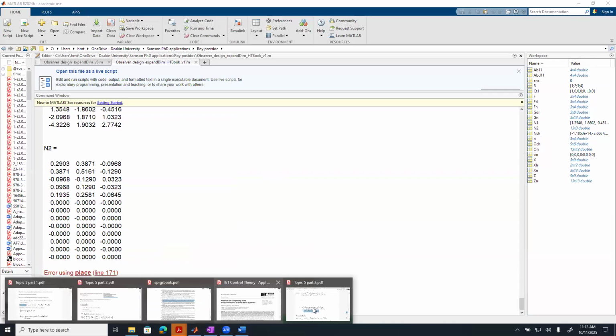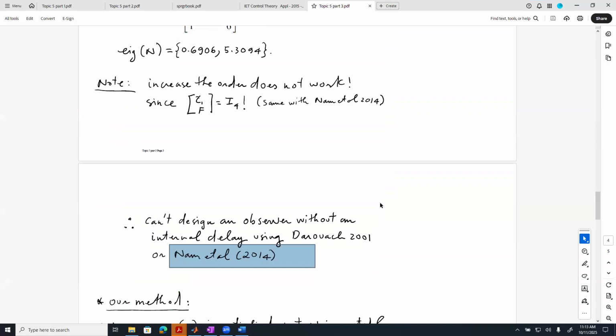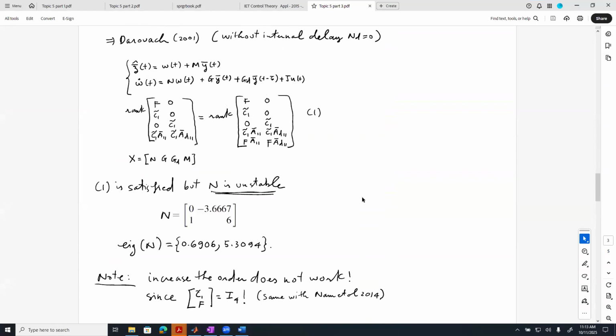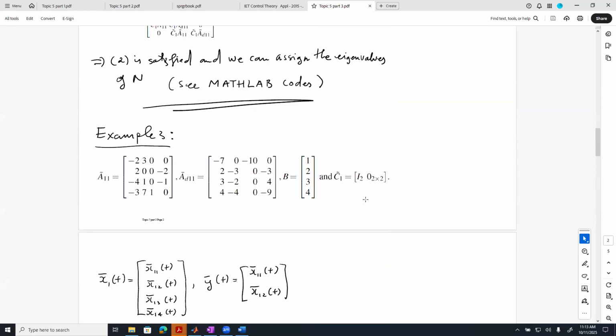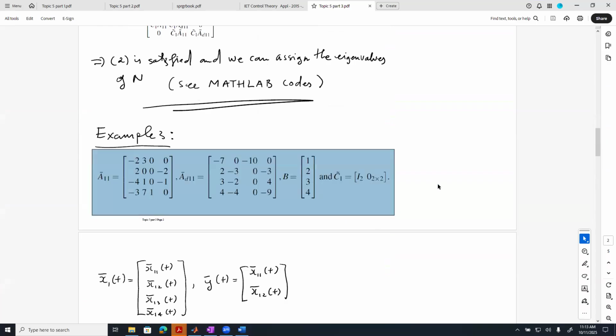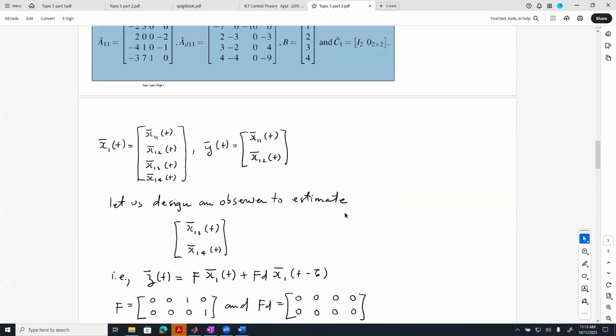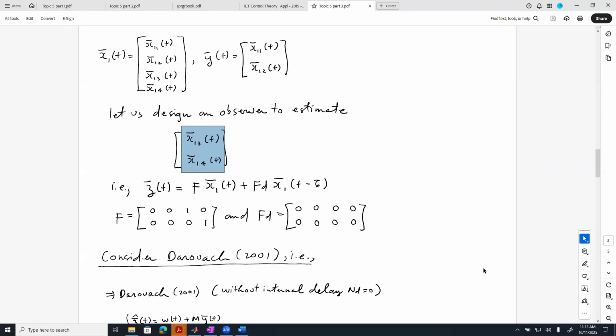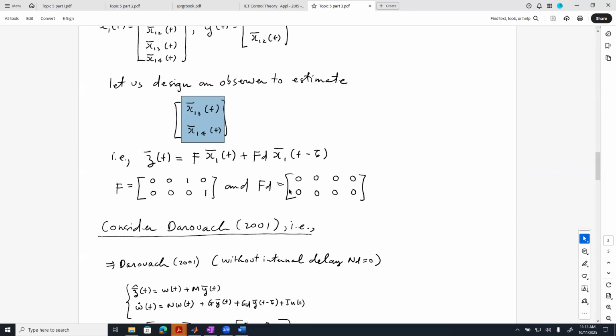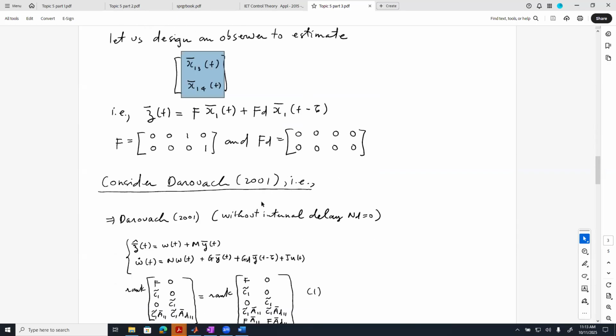Okay, so we can then say very safely, very confidently that as far as this numerical example is concerned, if we want to estimate the two unmeasurable stack variables instantaneously, and if we want to estimate them using a specific observer structure without internal delay, existing methods in the literature don't work.